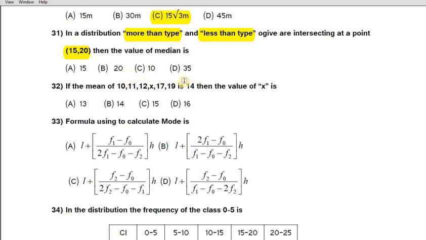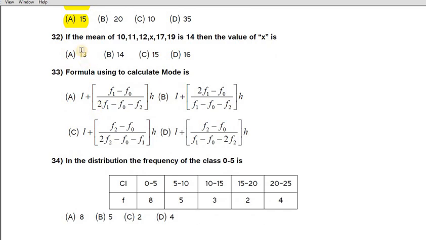See children, whenever both the more than type graph and less than type graph are intersecting, that point is given, that is (15, 20). So after the intersection of graphs, you want to draw perpendiculars on the x-axis as well as the y-axis. So the x coordinate gives the exact answer for median. So hence here the correct option is A, 15.